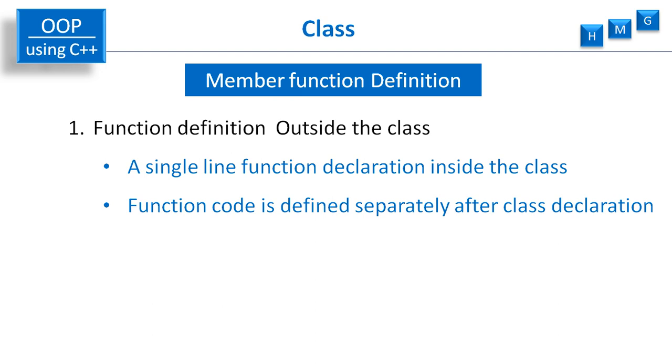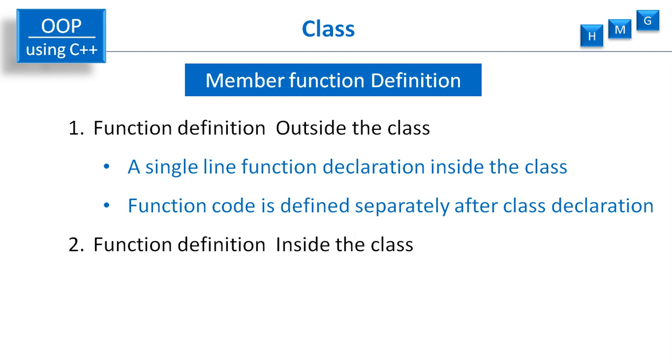The function code is defined separately after the class declaration. So in a class we have a single function declaration line. Now this function declaration we have to define in detail outside the class. That is, we have to write the code for that function outside the class.